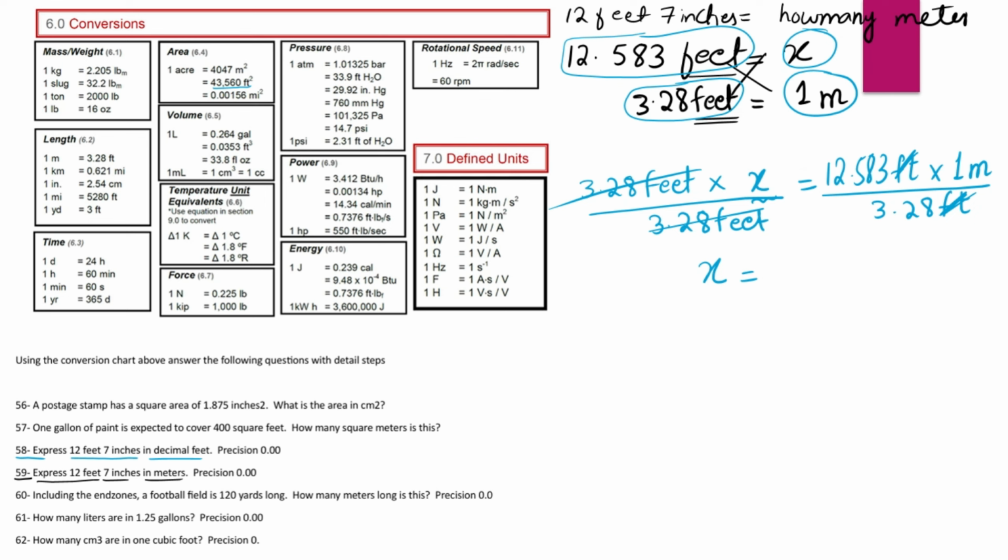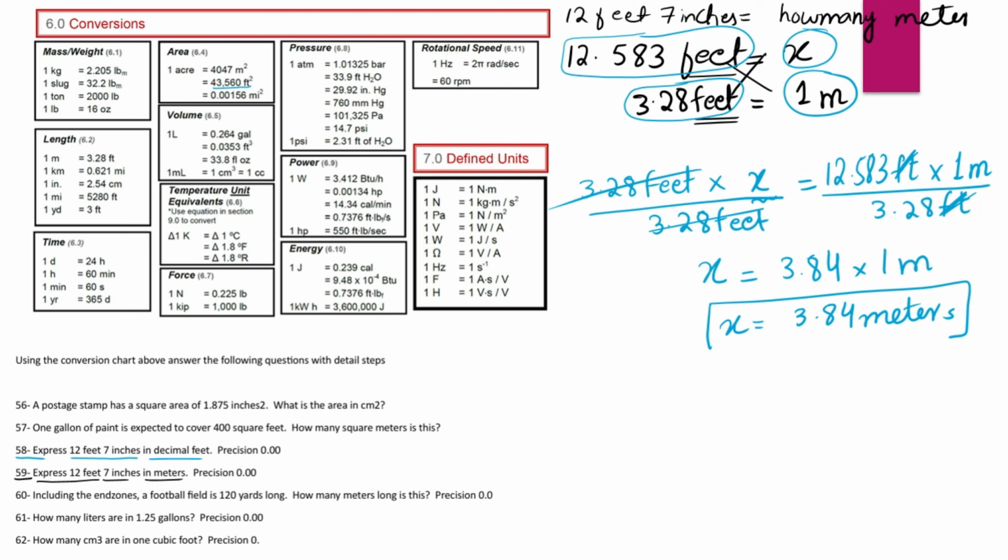And do the calculation. 12.583 divided by 3.28, so you will get 3.84 almost, and multiplied by 1 meter, 3.84 multiplied by 1 is simply 3.84, and you can write meters.